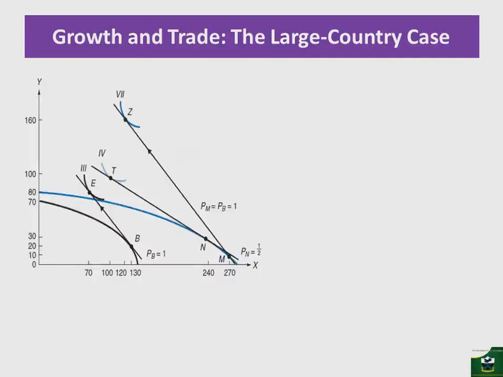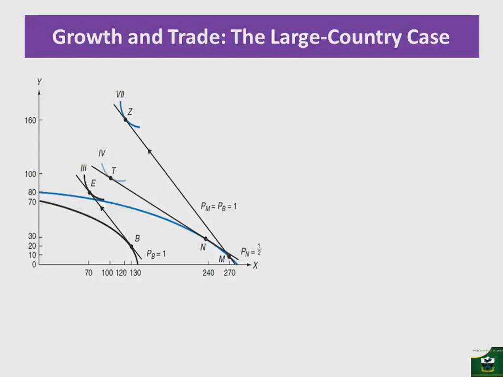So suppose that we have nation 1, which has a comparative advantage in producing commodity X, and therefore nation 1, which is assumed to be large, produces at point B before the growth takes place.